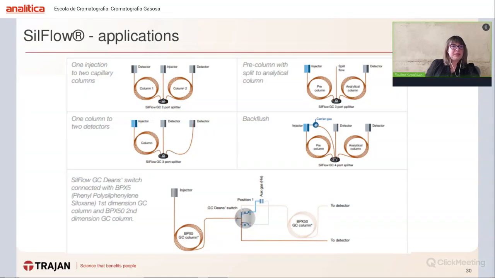The four-port splitter can be used for backflush, and another variation of the splitter SilFlow is the Dean switch, which is enabling us analysis of multi-dimensional GC, so the first dimension column and the second dimension column.